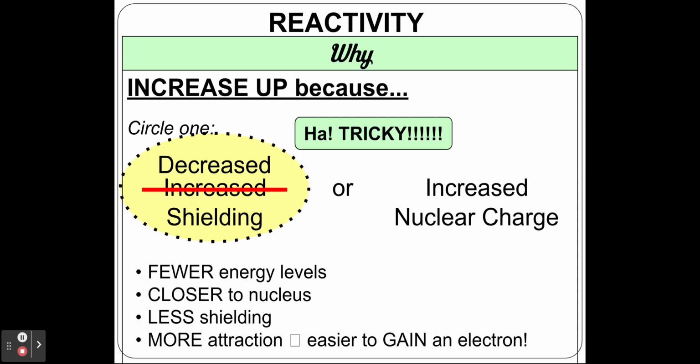So that's what's going on with the metals. The easier it is to get rid of their electrons, the more reactive it's going to be. So when you go down a group, the reactivity of metals is going to increase.